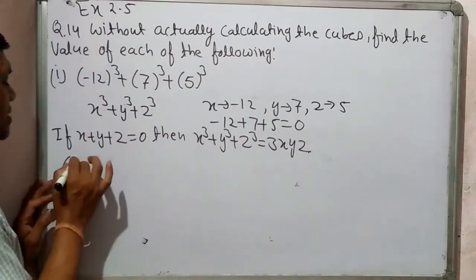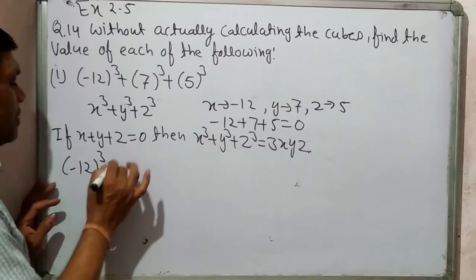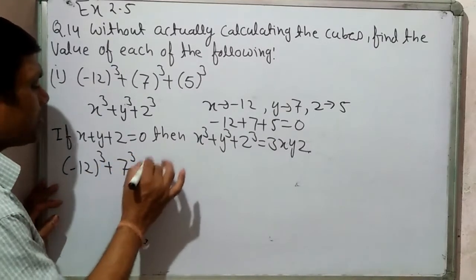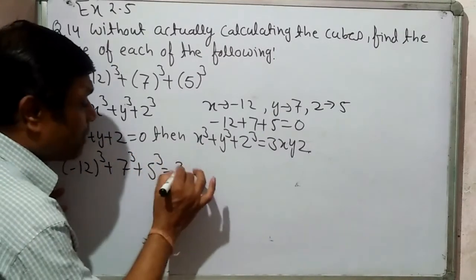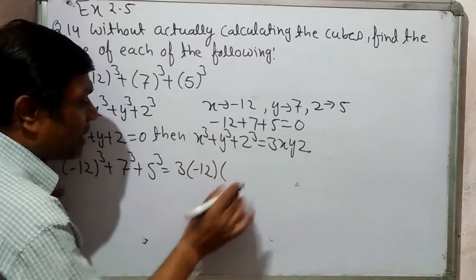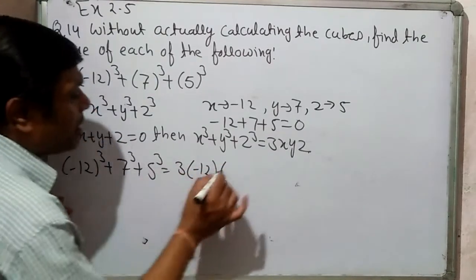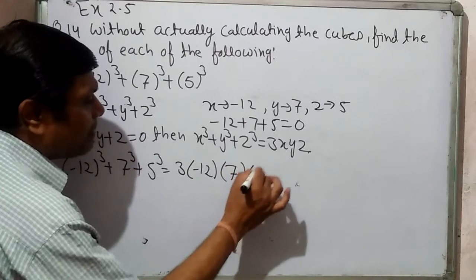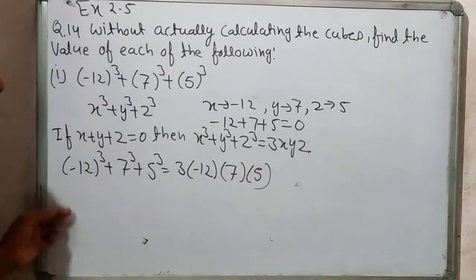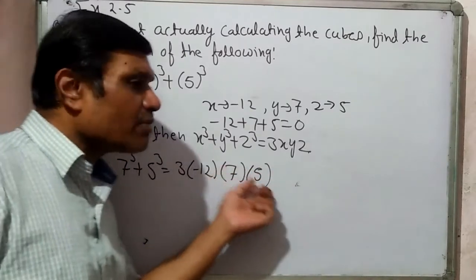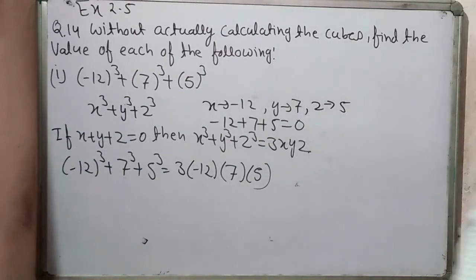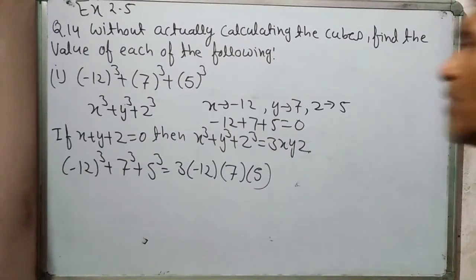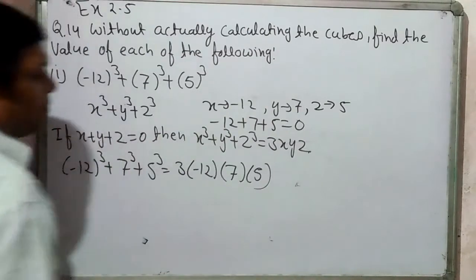That means minus 12 cube plus 7 cube plus 5 cube should be 3 multiplied by minus 12 multiplied by 7 multiplied by 5. Please take care, we have to take x, y and z with their proper sign.